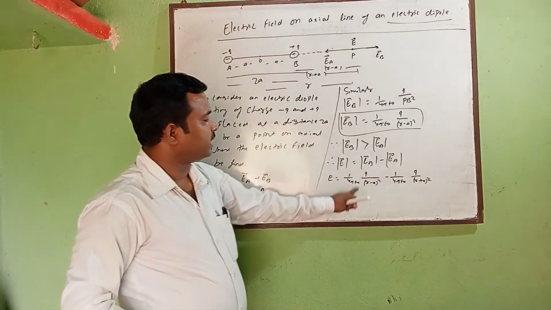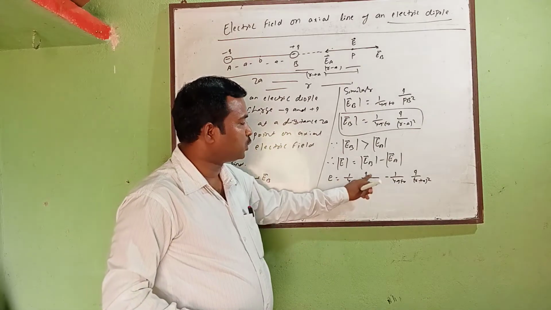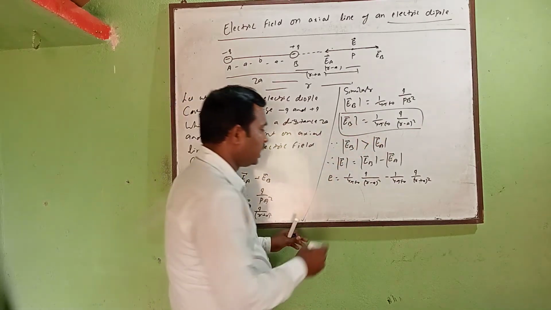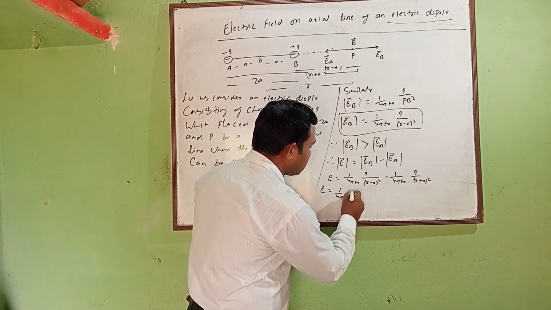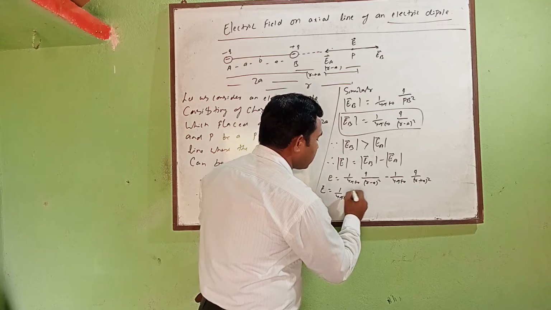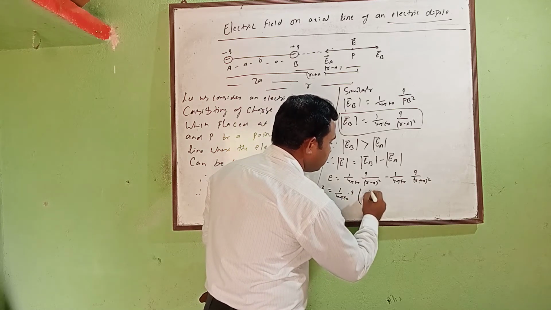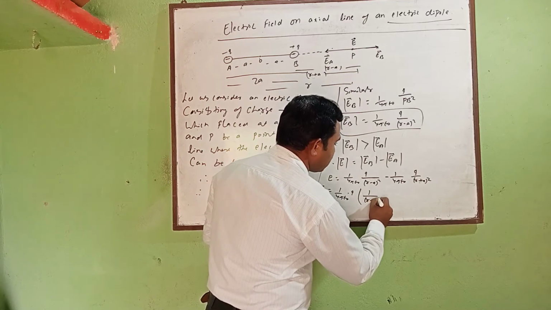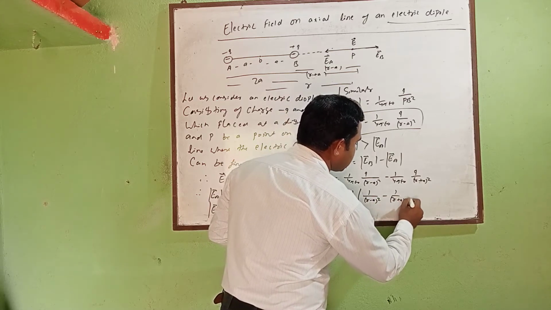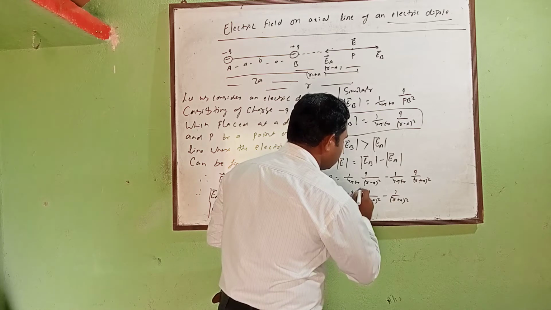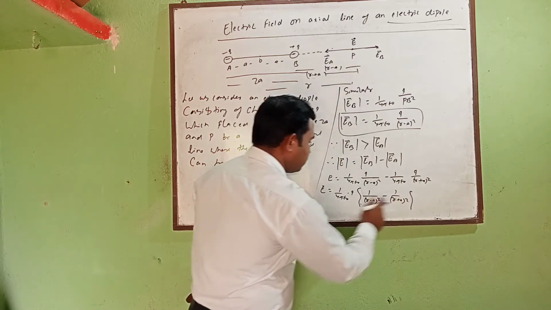Now here is the 1 by 4 pi epsilon naught and Q is the same, so you can take it common here. So equal to, you will write 1 by 4 pi epsilon naught Q and, okay, you take the LCM. So here will be 1 by (R minus A) whole square minus 1 by (R plus A) whole square. This you can write here. Now take the LCM of this one.